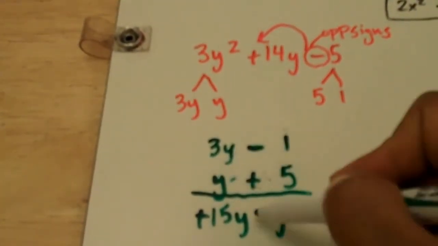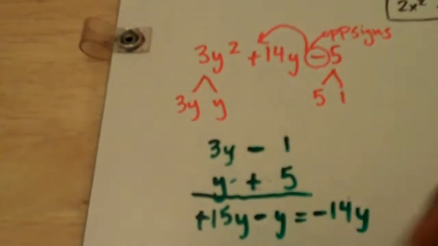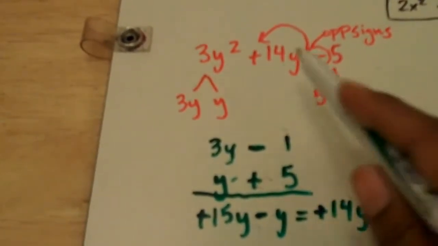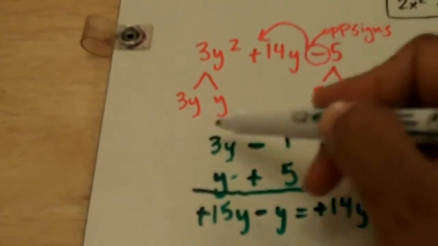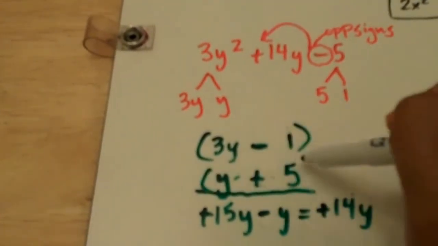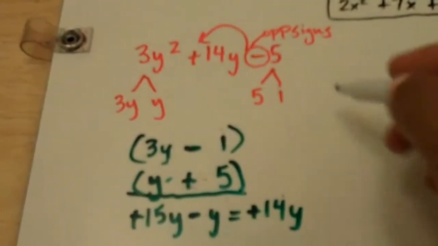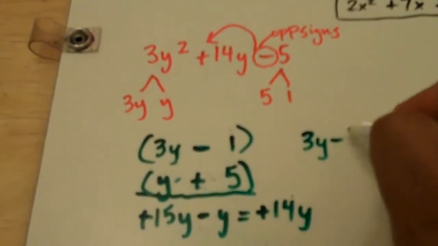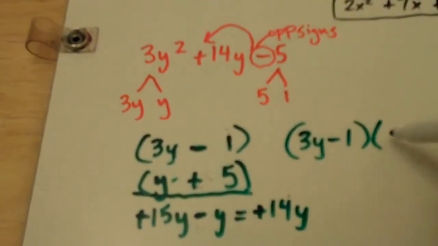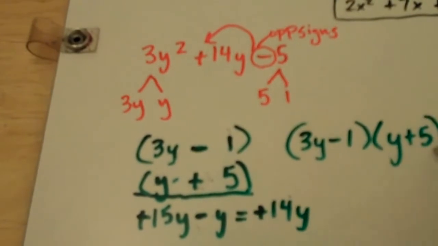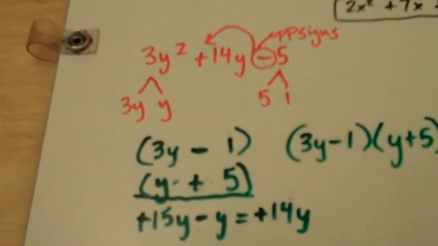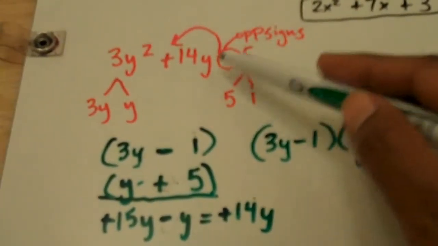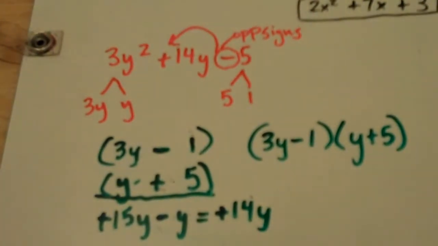And y times negative 1 becomes negative y, which gives us a positive 14y, exactly what we have in the middle. So now these are our two factors. This will give us 3y minus 1 and y plus 5. And if you FOIL it back, I assure you, you will get the same expression that you started with.